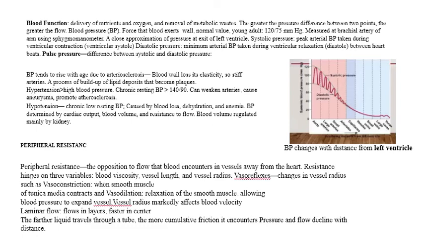But there is also a definition for the pulse pressure, which is the difference between the systolic and diastolic blood pressure. The blood pressure tends to rise with age. So your blood pressure is different from my blood pressure.